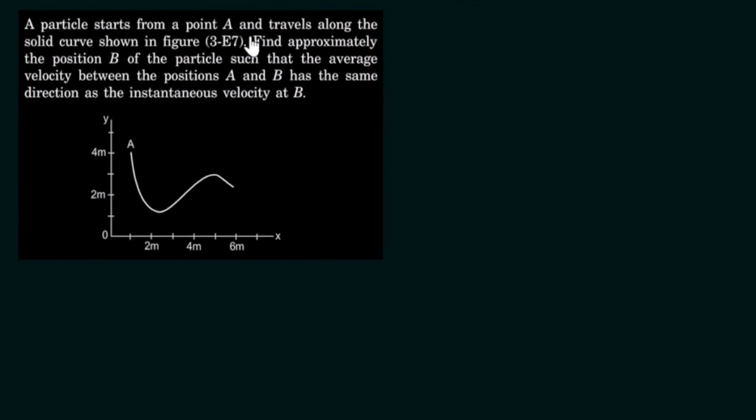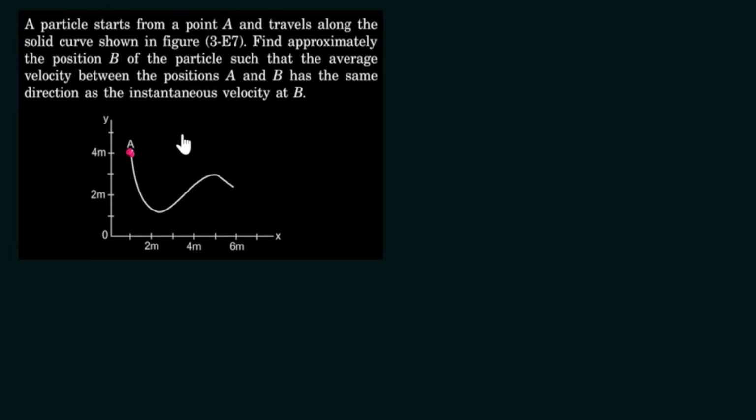Our next problem is a particle starts from point A and travels along the solid curve shown in the figure. Find approximately the position B of the particle such that the average velocity between the positions A and B has the same direction as the velocity at B. So here the particle is here, and this particular path represents some equation, which is a y versus x graph, and this path represents some motion.